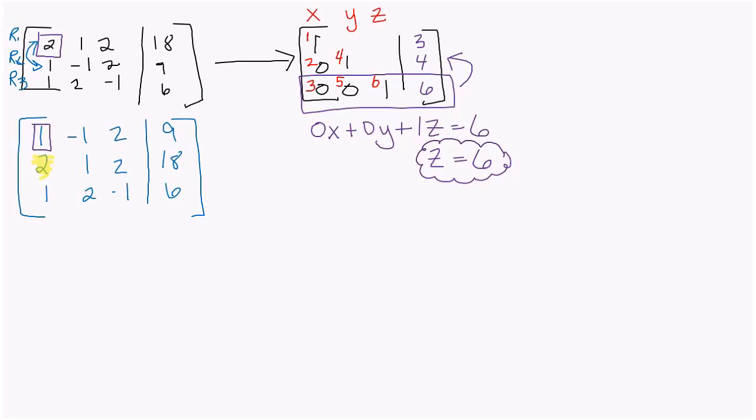And the third one states that you can add rows together. So that's really the three rules. You can switch rows.